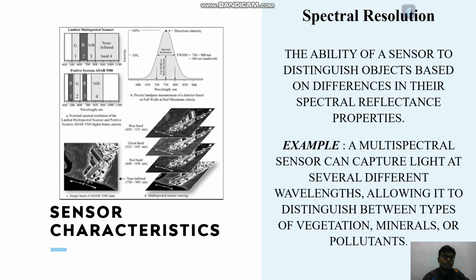The second sensor characteristic is spectral resolution, the ability of a sensor to distinguish objects based on differences in their spectral reflectance properties. For example, a multispectral sensor can capture light at several different wavelengths, allowing it to distinguish between types of vegetation, mineral, or pollutant.